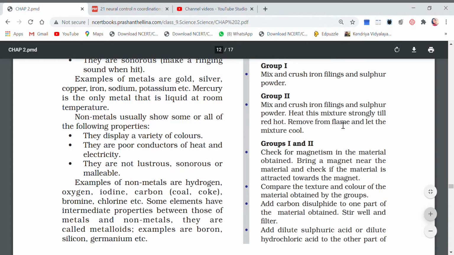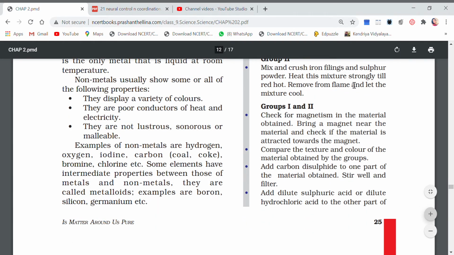Why? Because due to the heat, sulfur and iron filings reacted with one another. Sulfur and iron filings, they got reacted with one another, and that is why they lost the property of magnetism or attraction, and hence they did not get attracted.